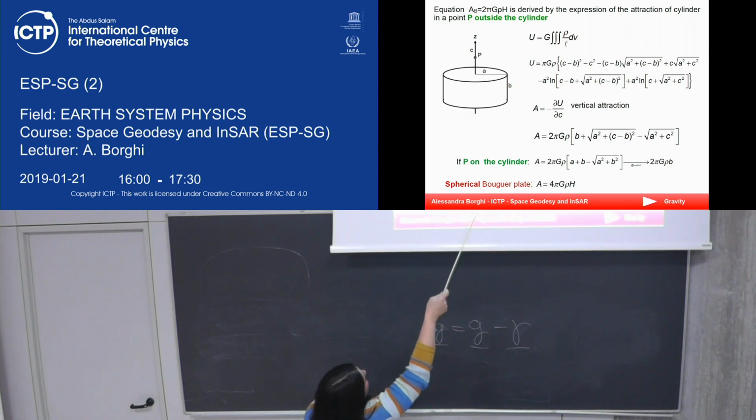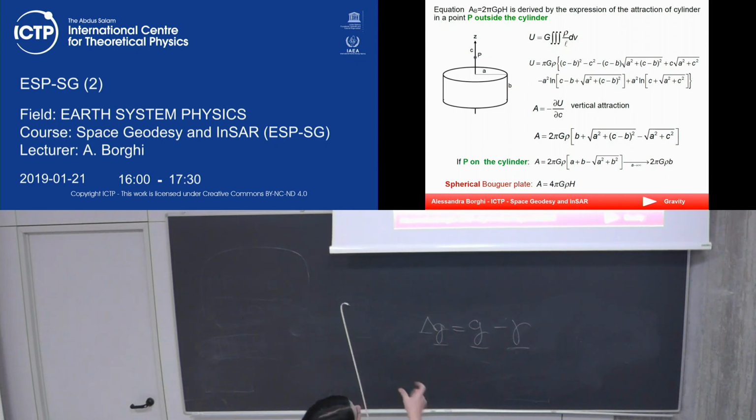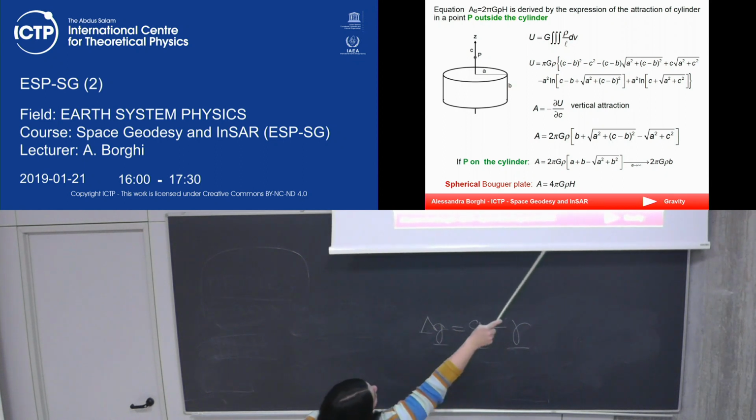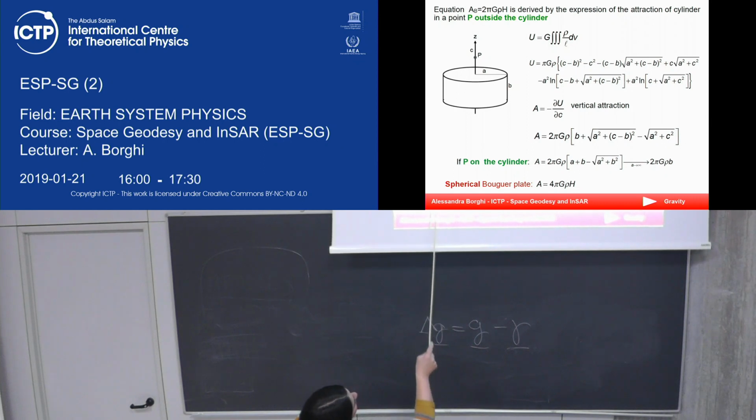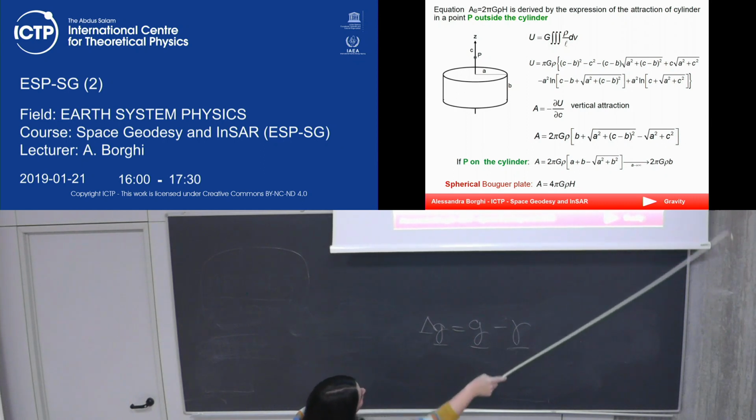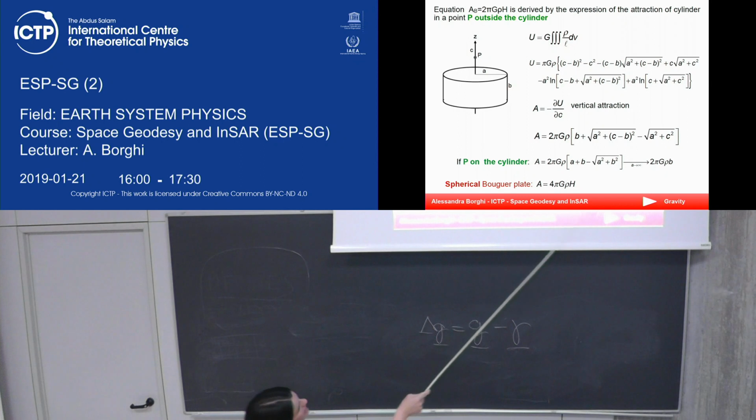We know the density we fix, and L is the distance, and knowing the geometric quantities, we can compute this. And if the point P is on the cylinder, we can obtain this formula when the plate goes to infinite, A tends to infinite, and we obtain this.